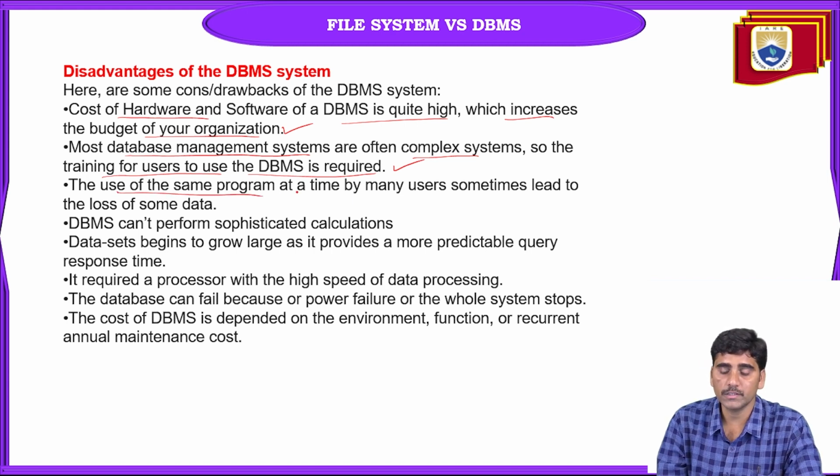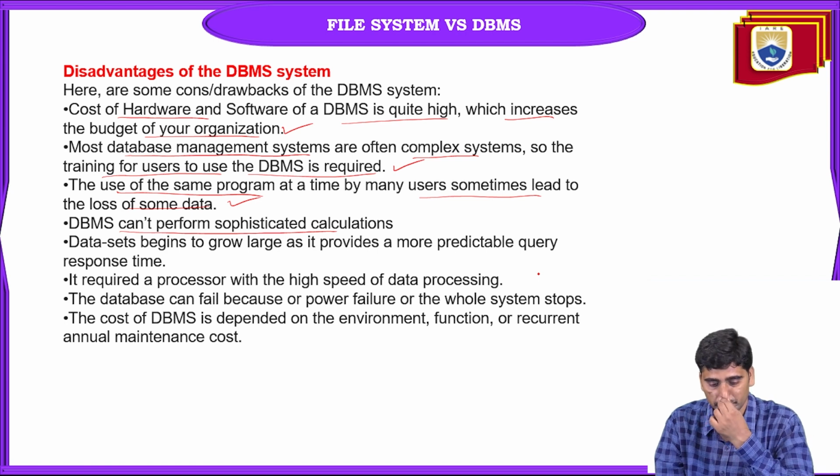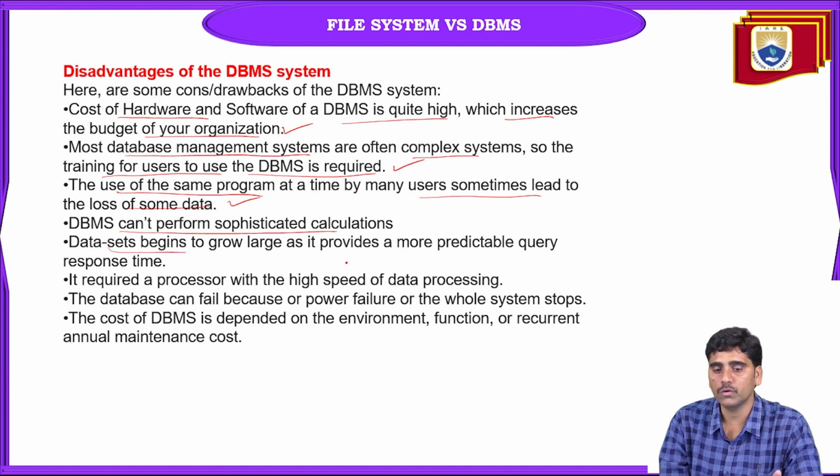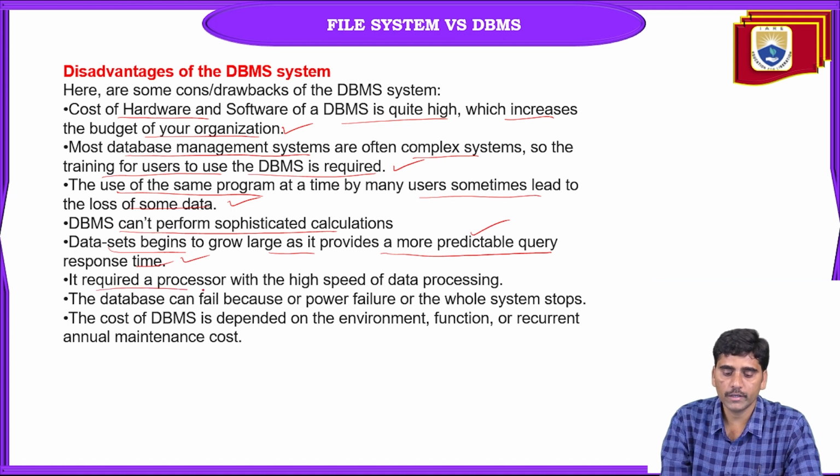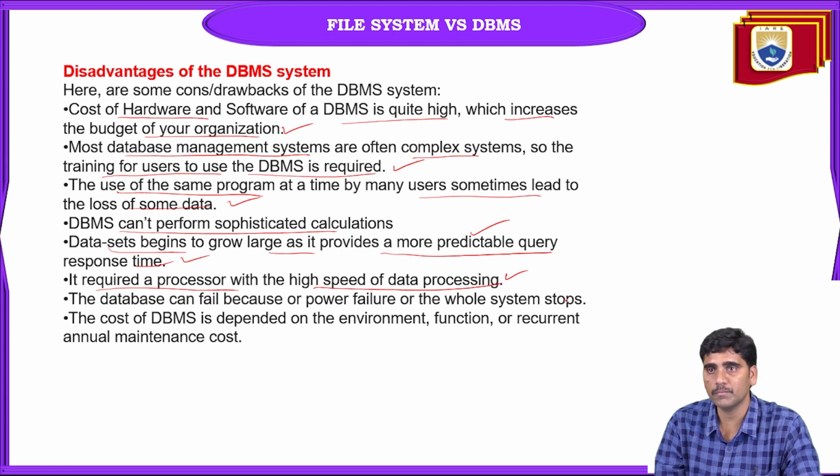The use of the same program at a time by many users sometimes leads to the loss of some data. And DBMS cannot perform sophisticated calculations also. Data sets begin to grow large, so it provides a more predictable query response time; we need to wait for some time for the response. It requires a processor with high speed of data processing.